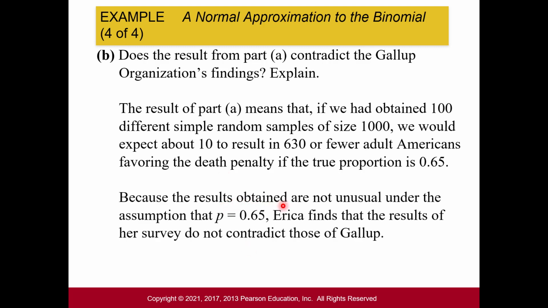Because the results obtained are not unusual, and we'll explain why, under the assumption that p was 0.65, Erica finds that the results of her survey do not contradict those of the Gallup poll. So remember, we have to go with a couple things from the past. A normal distribution follows the empirical rule, and for a binomial distribution, results are not unusual if they're within 2 standard deviations.